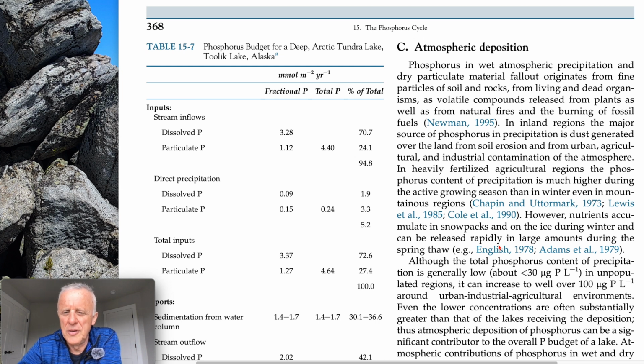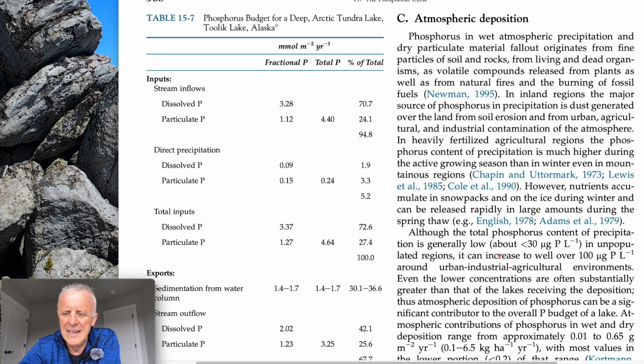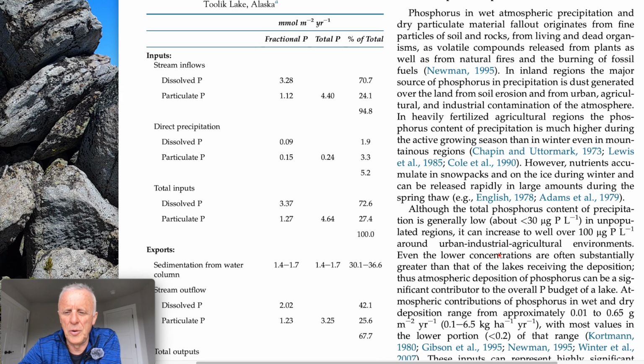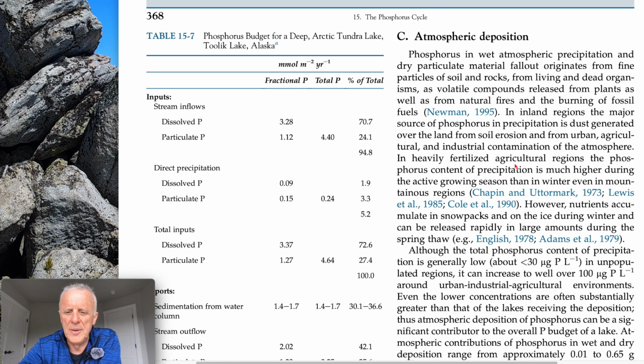Atmospheric deposition. Phosphorus in wet atmospheric precipitation and dry particulate material fallout originate from fine particles of soils and rocks, from living and dead organisms, as volatile compounds released from plants, as well as from natural fires and the burning of fossil fuels.